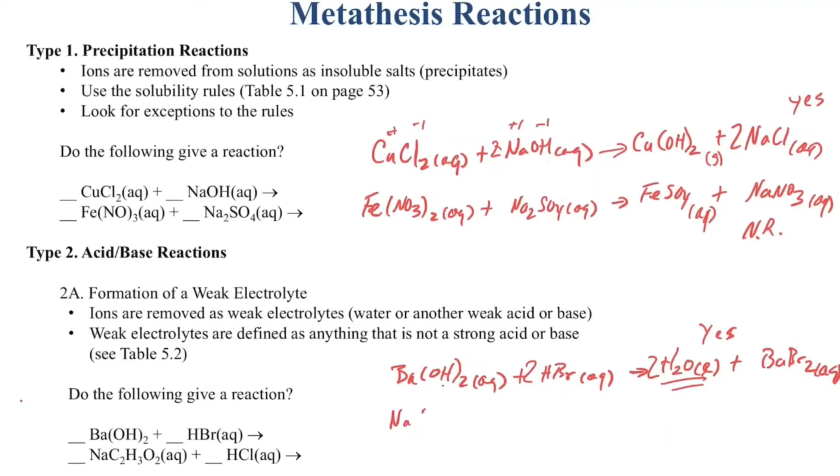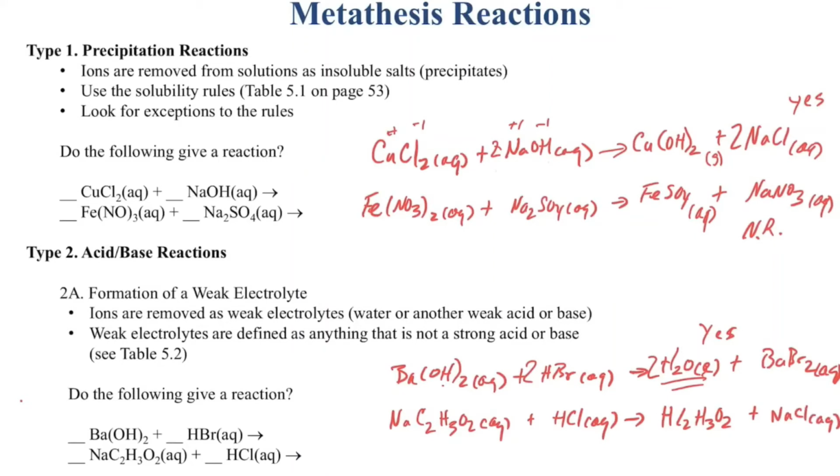We have sodium acetate, NaC2H3O2 aqueous, plus we have HCl aqueous. If we do our partner exchange, we're going to get acetic acid, HC2H3O2, plus we're going to get sodium chloride, and that's going to be aqueous.